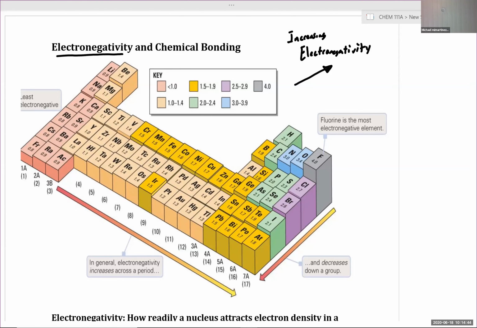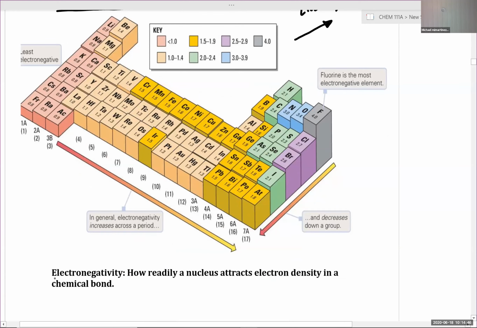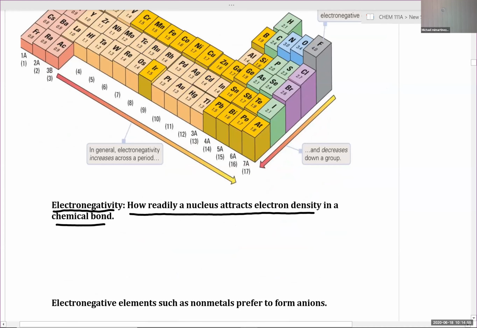Now, what is electronegativity? So electronegativity is how readily a nucleus attracts electron density in a chemical bond. How readily does an atom pull electron density in a chemical bond?